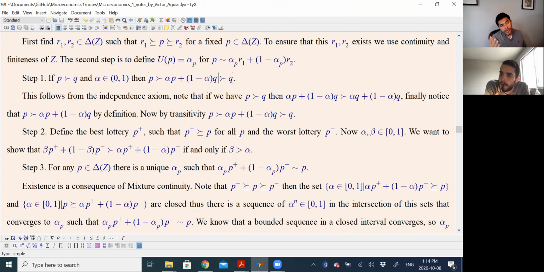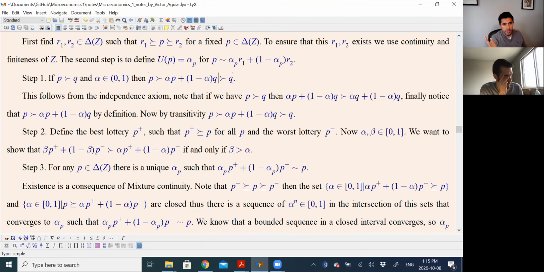The space of lotteries is a simplex, which happens to be closed and bounded. Because lotteries live in a Euclidean space, this is a compact space. So you're maximizing a transitive and complete preference relation on a compact space. So you always have a maximum, right? And by the same argument, you always have a minimum. So yes, your answer was roughly correct, but the exact words were a bit vague.